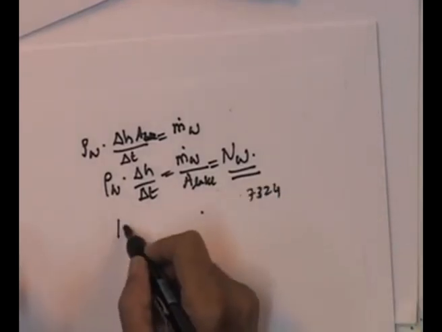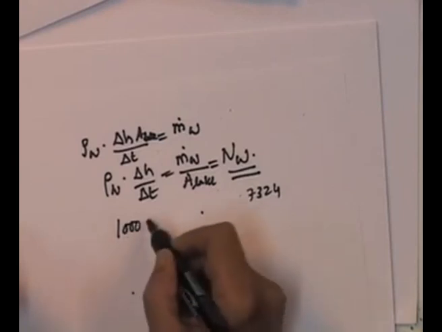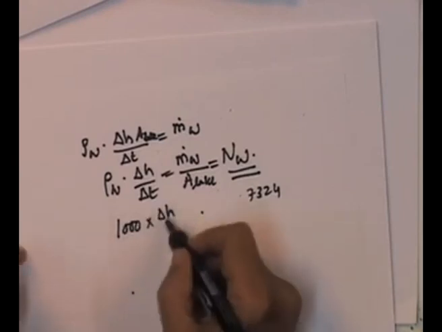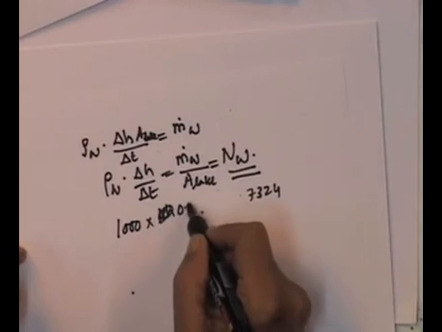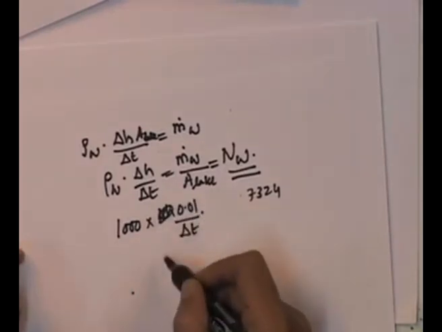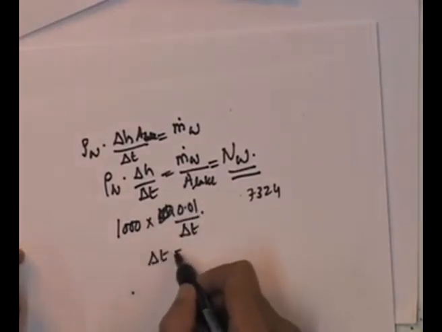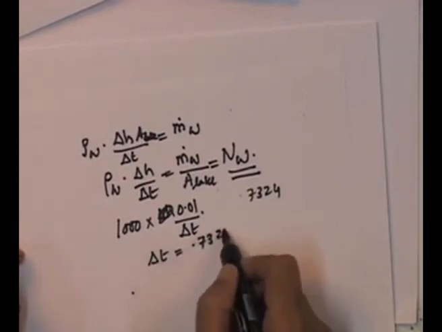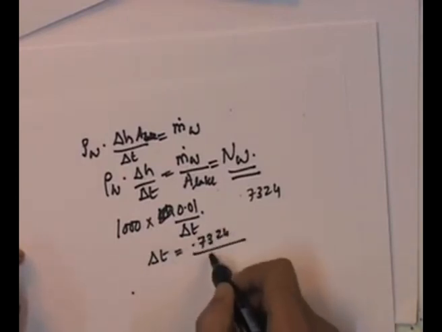We take rho W equal to 1000 for water, delta H, which is 1 centimeter, divided by delta T.